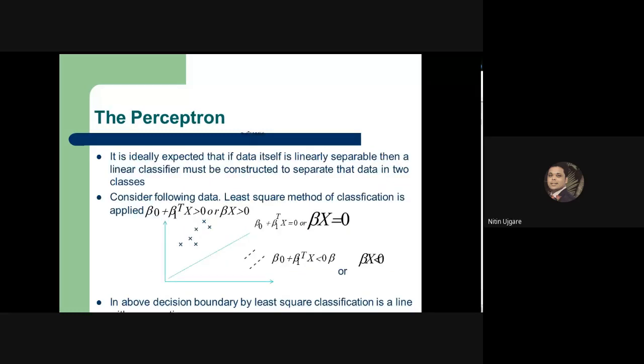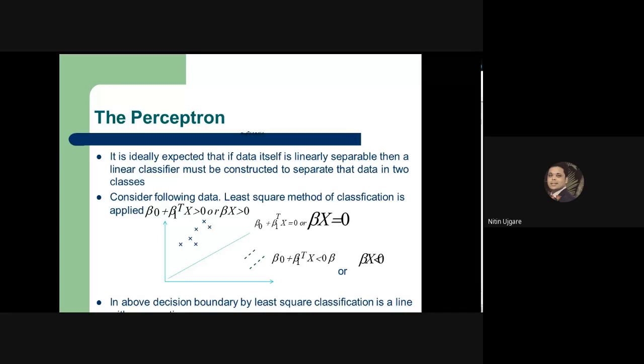Well, now it is ideally expected that if the data is linearly separable, then we should design a linear classifier that performs the classification of the given input instances into two classes.